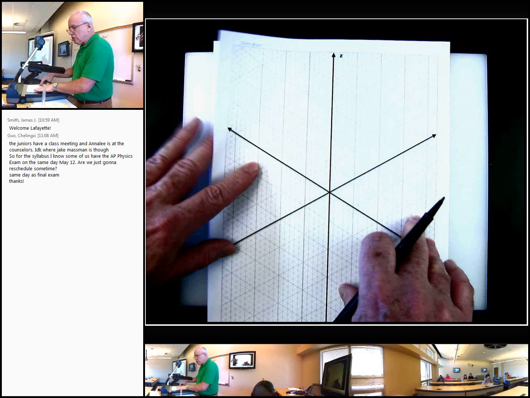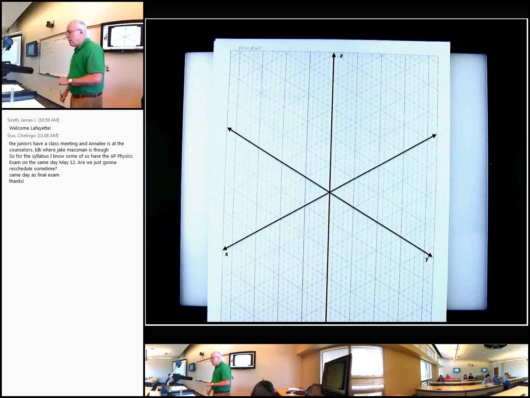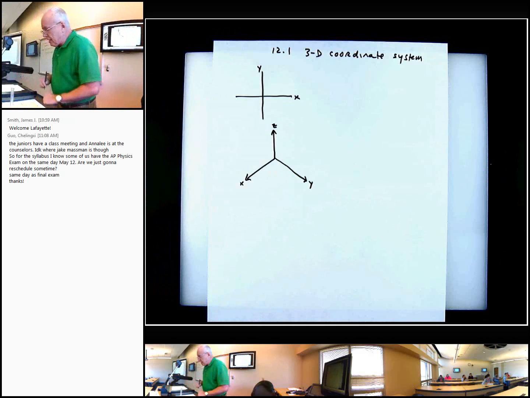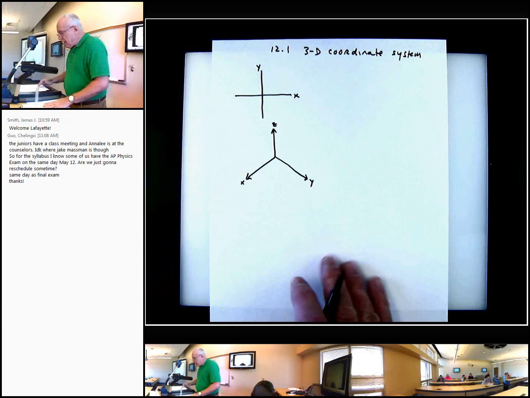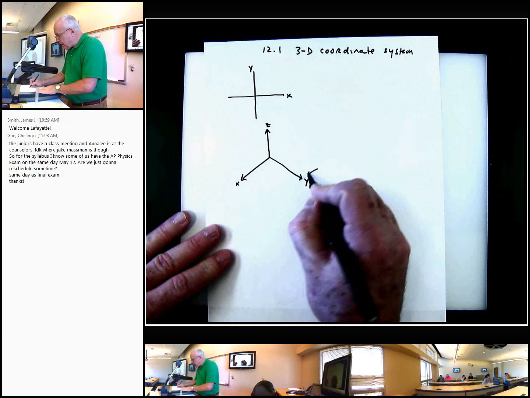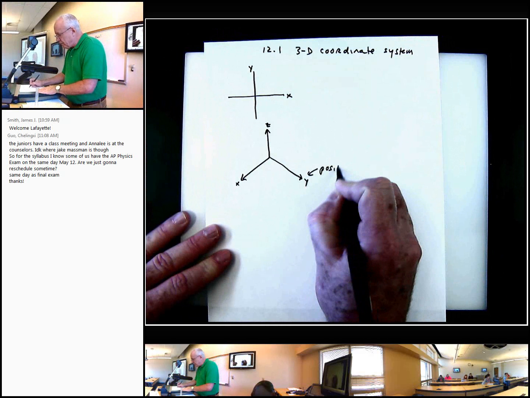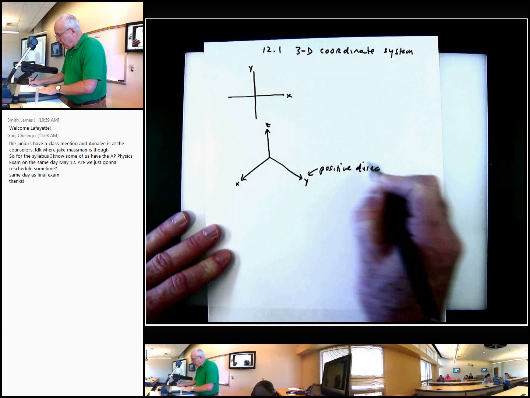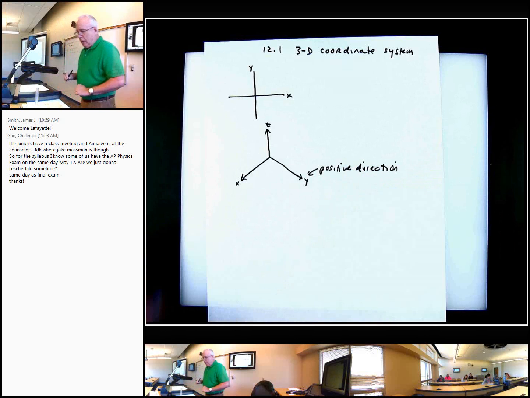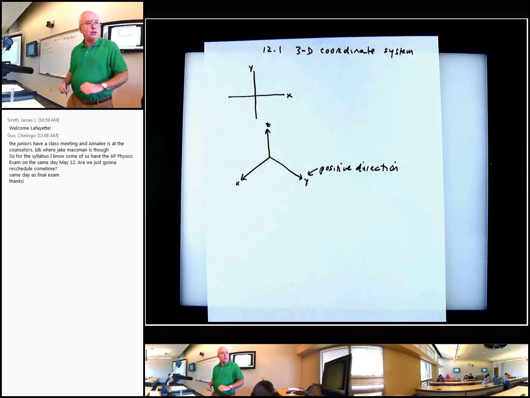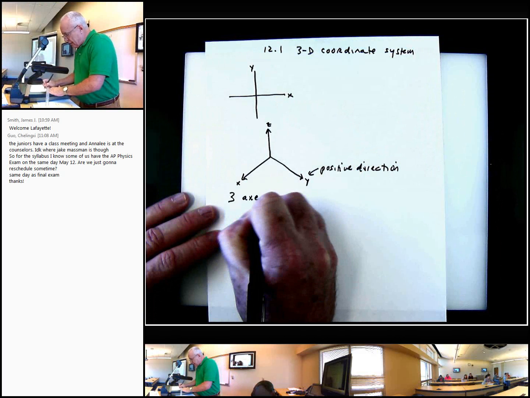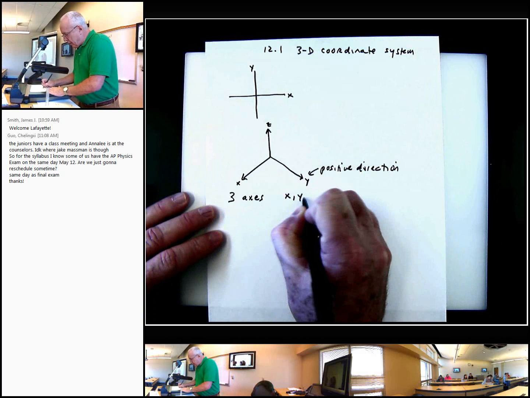So this is a 3D graph, and you can print that out online. The arrows here point in the positive direction. So there are three axes here, the X, Y, and Z axis.